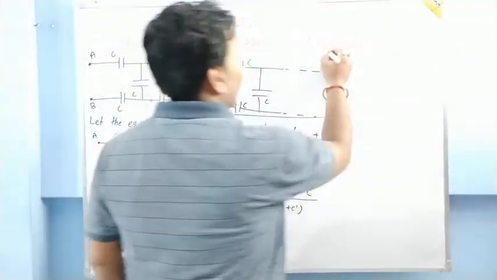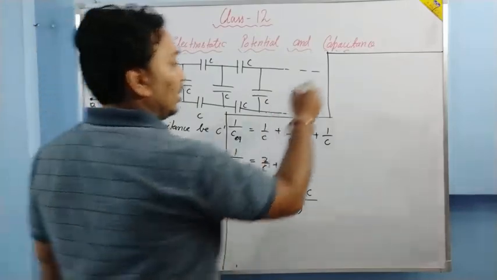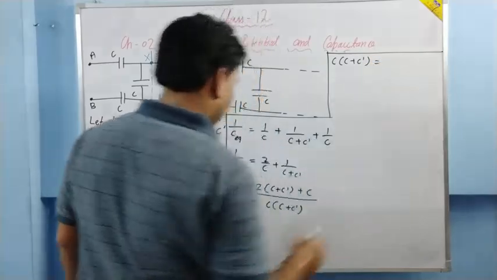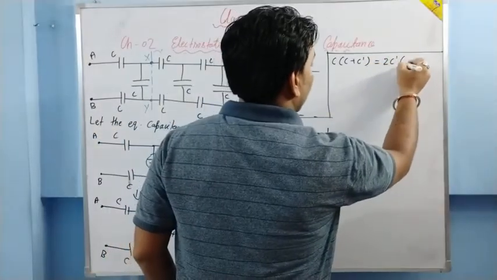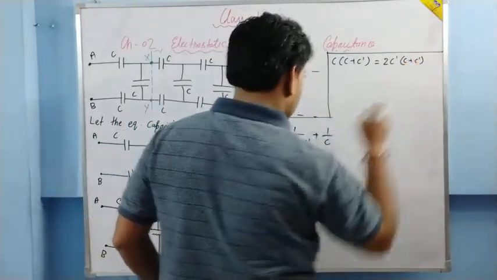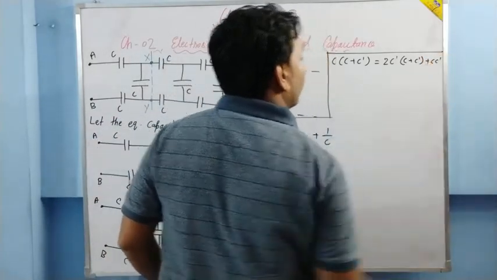So from here, (C plus C dash) is multiplied with 1. C plus C dash is equal to, C dash will be multiplied over here, so it will become 2C dash in bracket (C plus C dash), and this C dash will be multiplied with C also, so plus C dash.